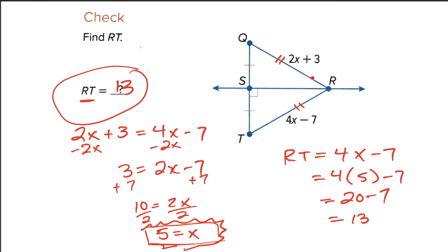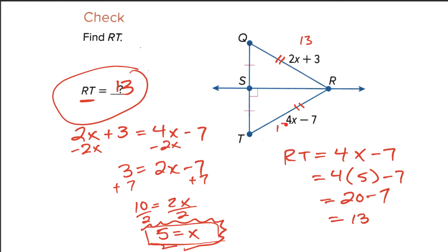And remember, good thing to know, for now and forever, is whenever you're given an equation, you can always go back and plug it in and make sure everything works out. So it looks like we got that RT was 13. If you tried the other segment, which should be the same, 2x plus 3, plugging in 5 would give you 10 plus 3, or 13 as well.